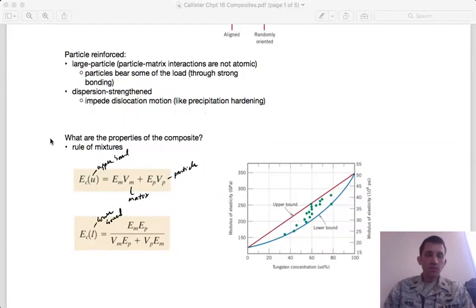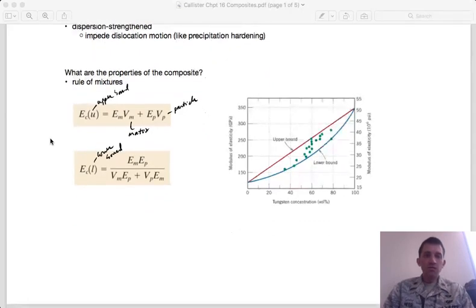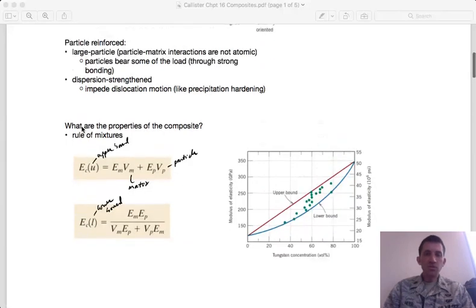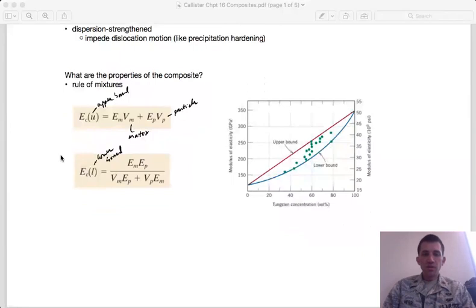And so there, the critical thing is the size of the reinforcement particle being distributed throughout the material. And when you go to calculate properties, for example Young's modulus here, a common rule, especially for particle reinforcement, is to use what's called the rule of mixtures.